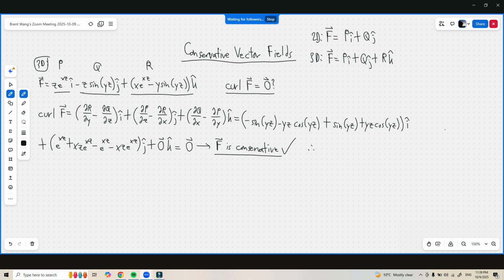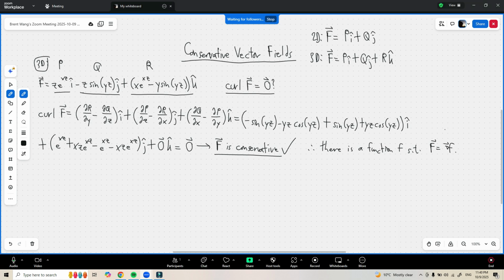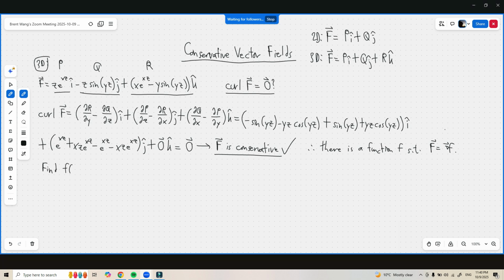So therefore, there is a function f such that the vector field is equal to its gradient. So now let's find this function f of x, y, z.